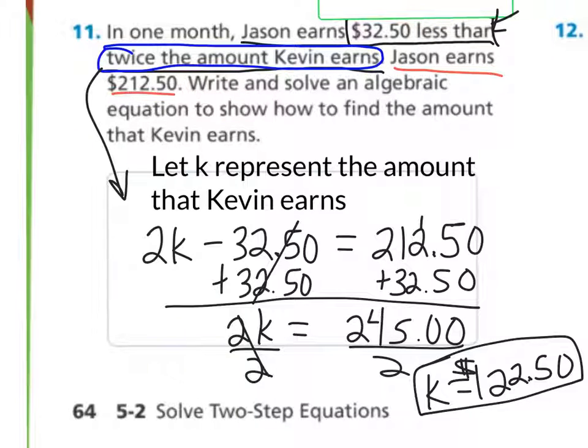Which would be $122.50 that Kevin earns. And again, we could think through the process. If we double that, we take $32.50 less than that, we should get $212.50 that Jason earned. So this gives you an idea about solving two-step equations.